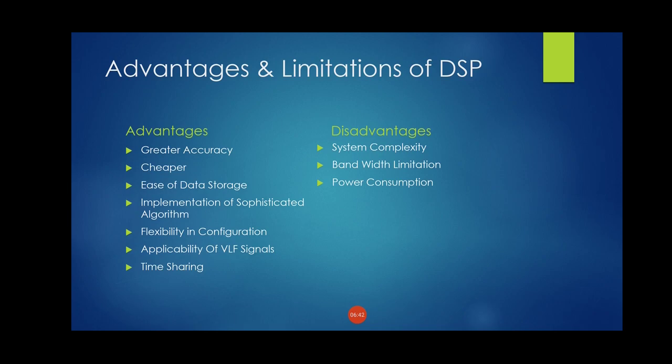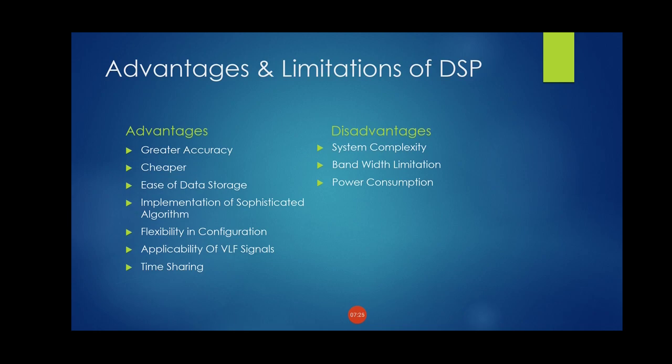Now, if we move to the disadvantages or limitations, the first limitation that comes to our mind is system complexity. If we go back to the digital signal processing system block diagram that I have given you, to process a signal using a digital signal processor, we will need more blocks: analog to digital converter, digital to analog converter, sample and hold, anti-aliasing.